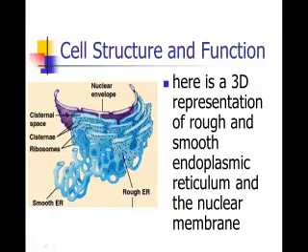Here is the rough endoplasmic reticulum with the ribosomes on the outside. You can see that it is connected to the nuclear envelope. The lumen is continuous from the nuclear envelope to the lumen of the rough endoplasmic reticulum. And then the rough endoplasmic reticulum is also connected to the lumen of the smooth endoplasmic reticulum over here.